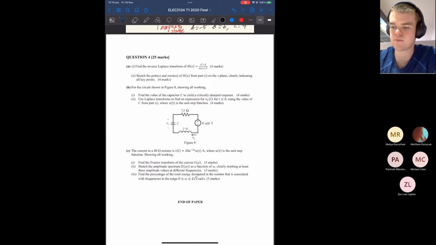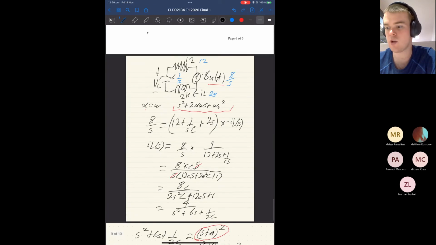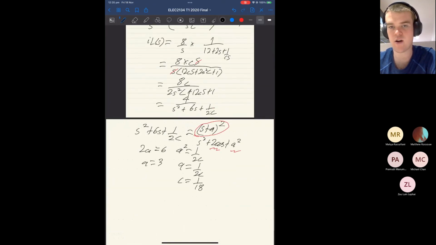All right. Now, use Laplace transforms to find an expression for VC of t for t greater than or equal to 0 using the value of c from part I, where u of t is the unit step function. Well, lucky for us, we just found it in terms of IL.